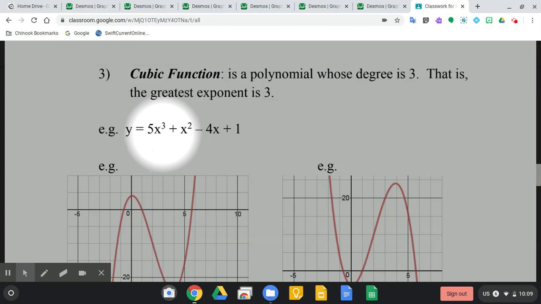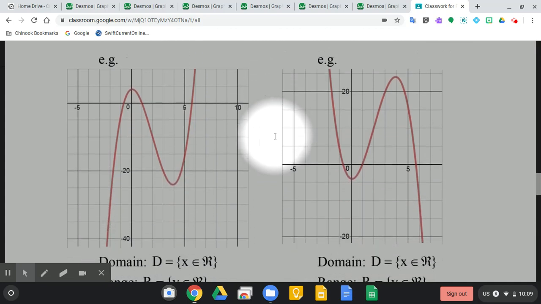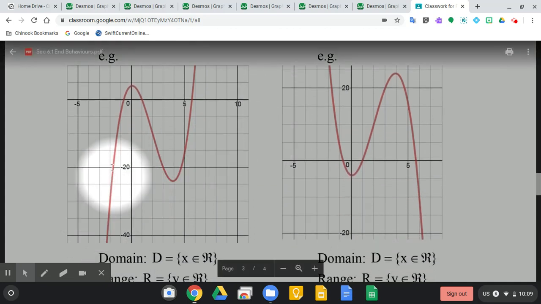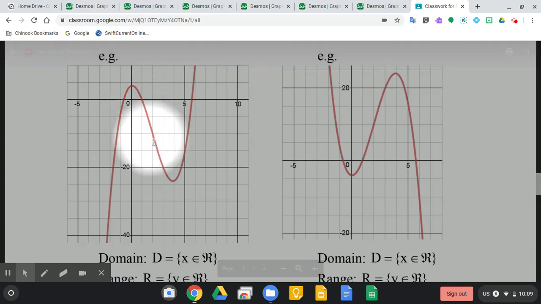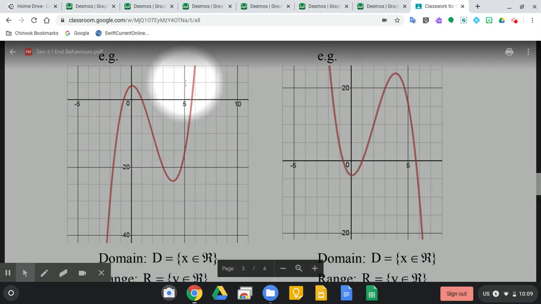And when you graph a cubic polynomial, you usually get a graph that looks something like this. It moves upwards, moves downwards, and then it turns around and goes upwards like that again. And then this one goes down, up, and down like so.